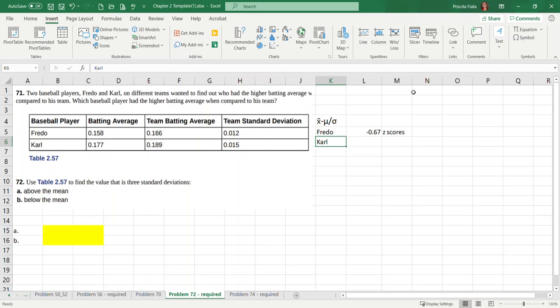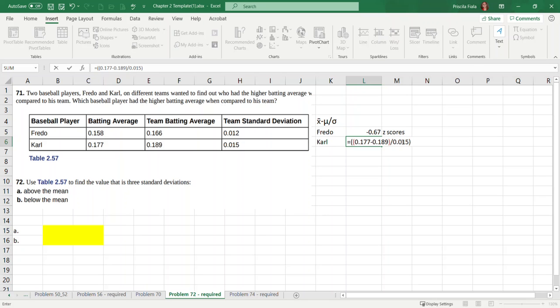So now for Carl, we're going to do the same thing. We're going to do equals, two equations. So 0.177, following this formula, the individual mean minus the population mean 0.189, divided by the population standard deviation 0.015. Be very careful.